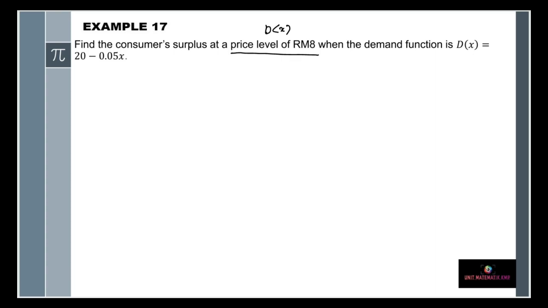So what we have to do is, we are given D(x) equals 20 minus 0.05x.